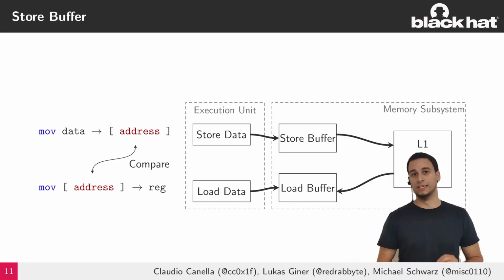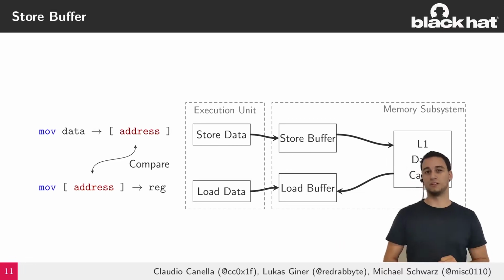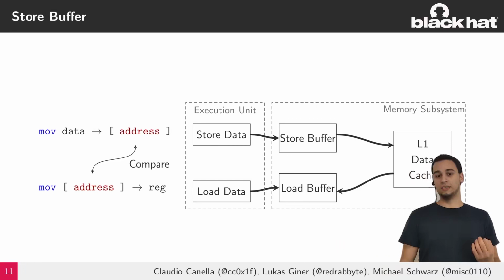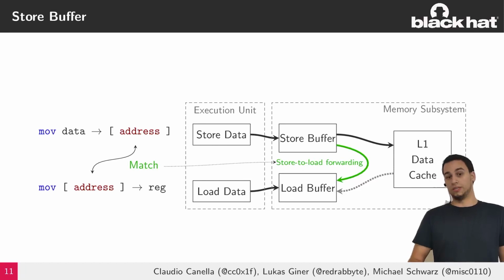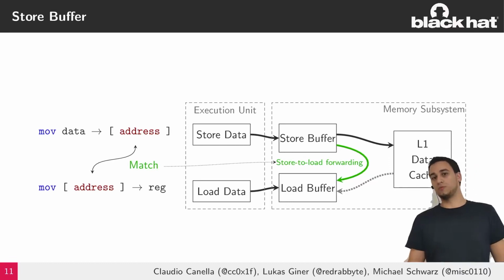But the thing is, CPUs are quite smart nowadays. So what this additionally does, it checks whether some address was already stored before, some data stored to the same address. So if there's a match between the store address and the address that we load, we can do a shortcut. We don't have to wait for the memory.